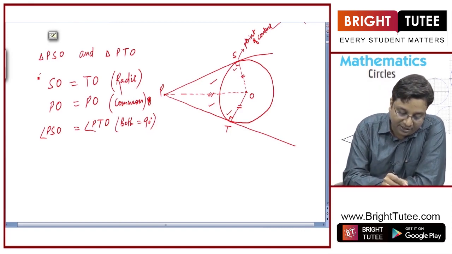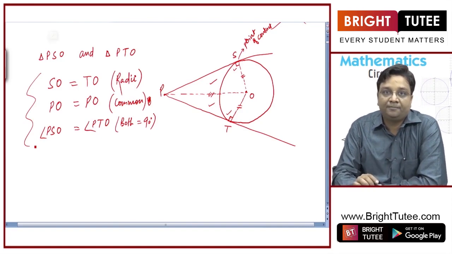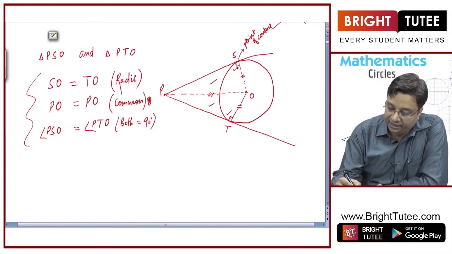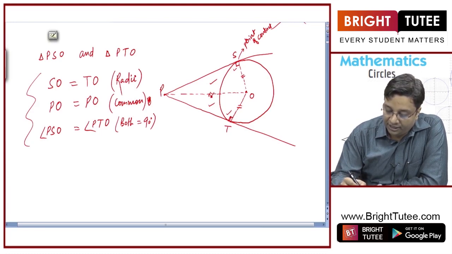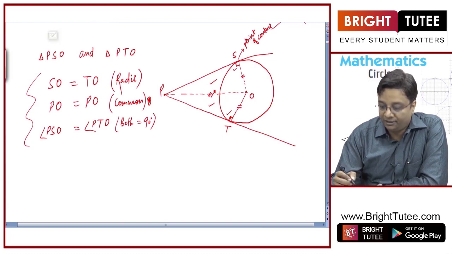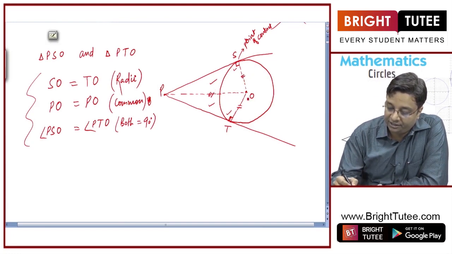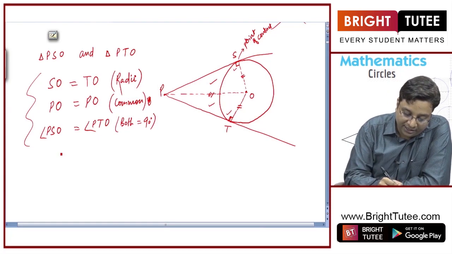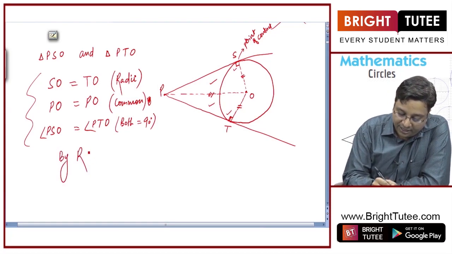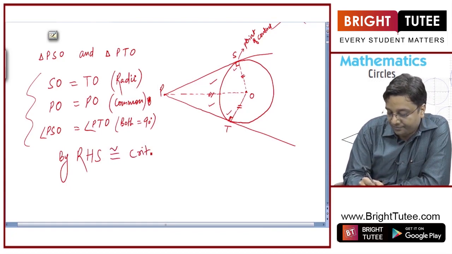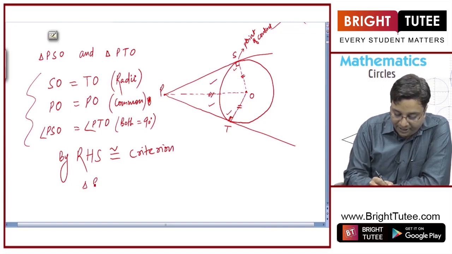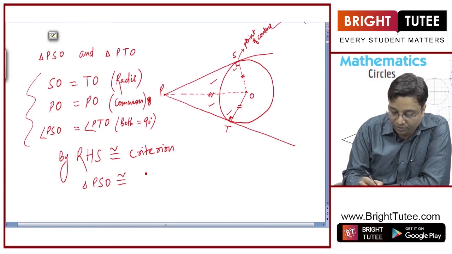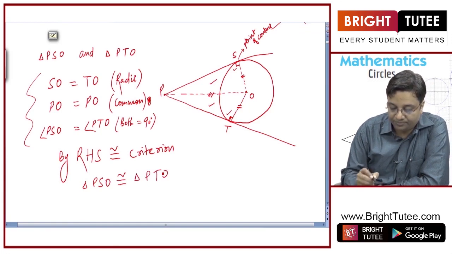So from these three results, what can you say about these two triangles? There is this angle of 90 degrees and this angle is also 90 degrees, and the side opposite to this 90 degree angle is equal in both the triangles, and there is another side which is equal in both the triangles. So I can say by the right angle, hypotenuse and side congruency criterion, triangle PSO is congruent to triangle PTO.